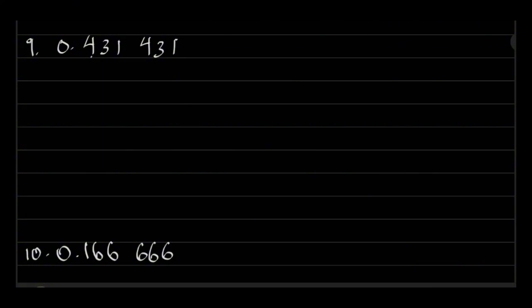So in this case, let r equal 0.431431. Then we are going to pick 1000r, because it is 3 decimal places that keep recurring.